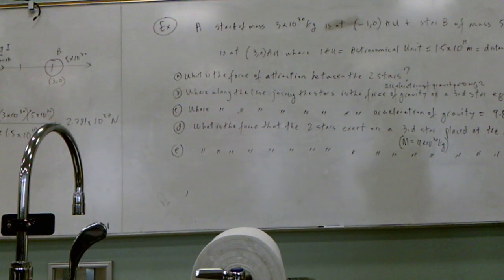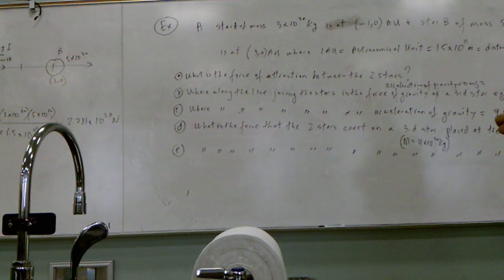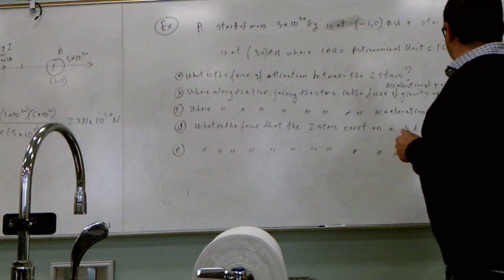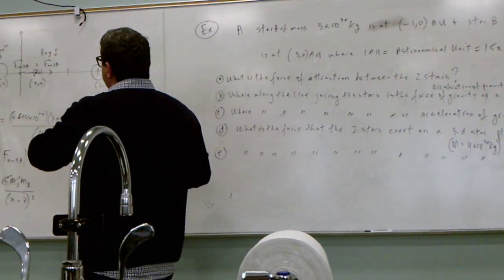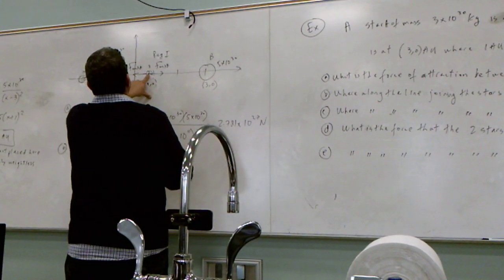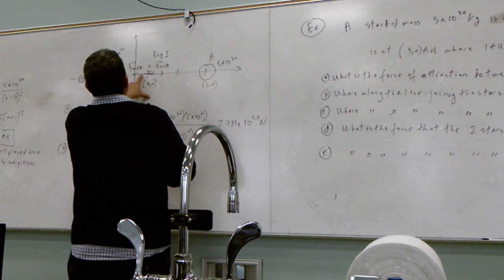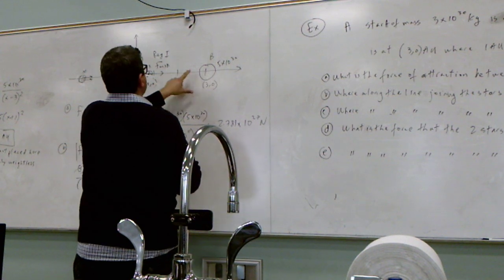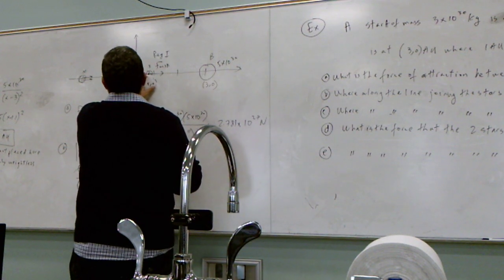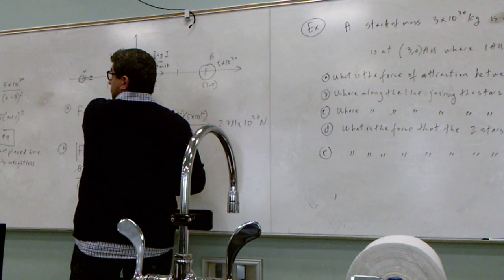So then, what do I want to do? Well, there might be a couple different places where the gravity is 9.8. Because if I keep getting closer to here, what's going to happen? Then the gravity of this is going to win over the gravity of that. The gravitational field is increasing as I go this way, right?